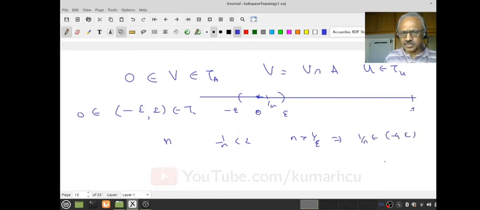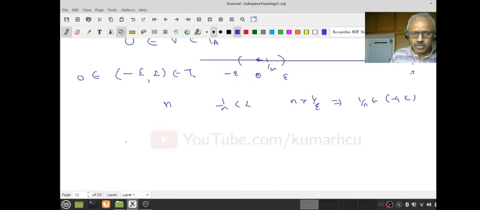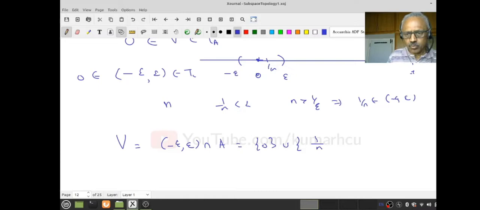Are you following what I'm saying? Therefore V, which is minus epsilon to epsilon intersection A, is the singleton 0 union all 1/n such that n is greater than 1/epsilon.